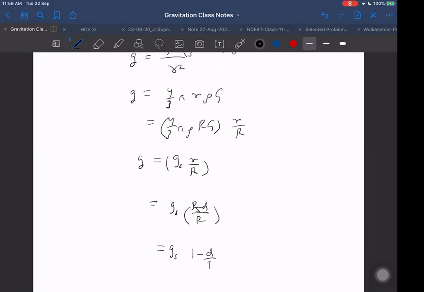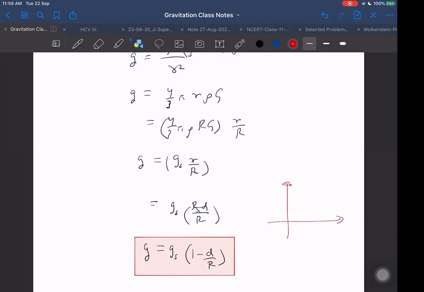This one we did for the sphere also, same, small r by capital R, inside the sphere. Earth is a sphere only, that's why we are taking that. But the only problem is we are assuming Earth to be a uniform sphere, which is incorrect.